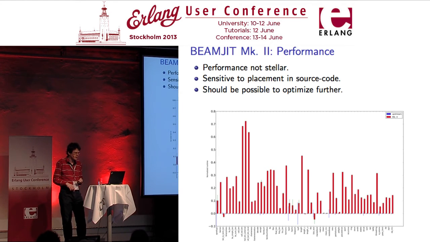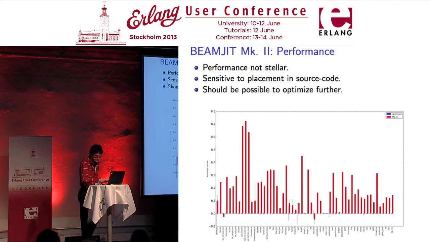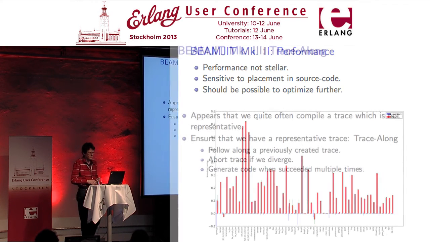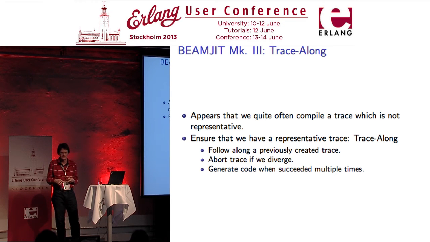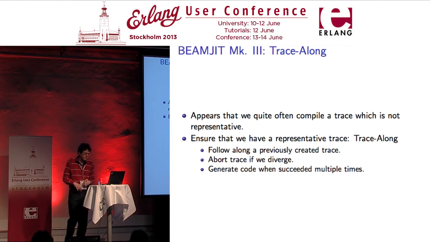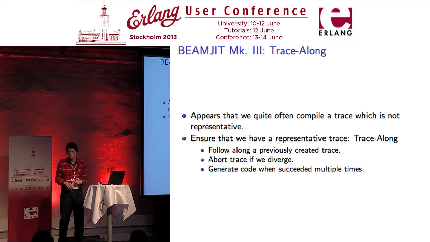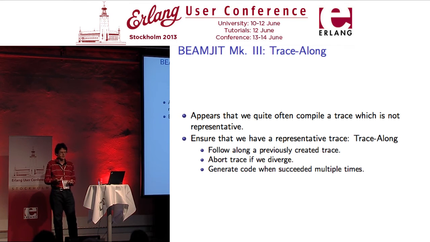Also, while running Mark II, I noticed a property that I attempted to fix in Mark III. It appears that we quite often compile a trace which is not representative, meaning that when we try to run it natively, we almost always fall off that trace during the first iteration. To avoid that, I added a new mechanism which I call trace along.